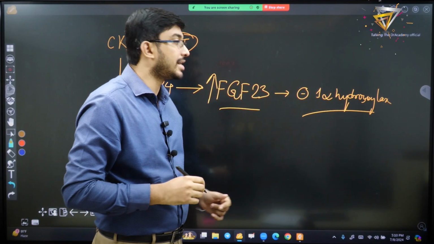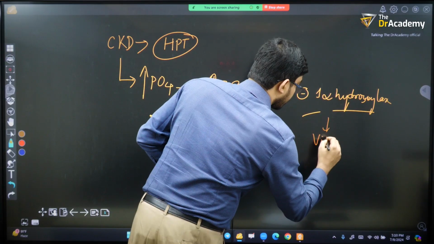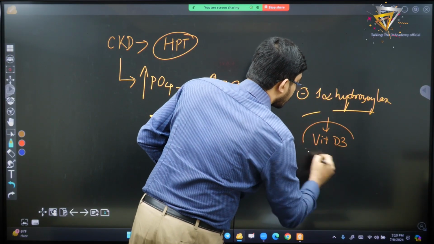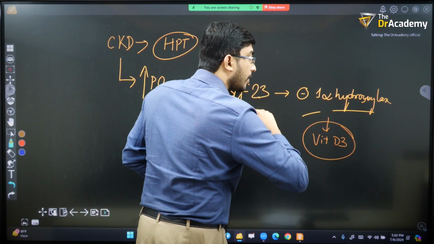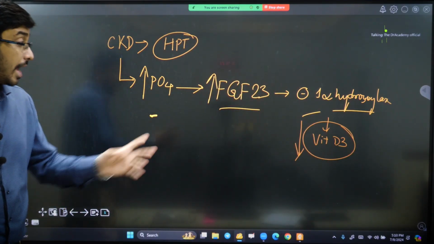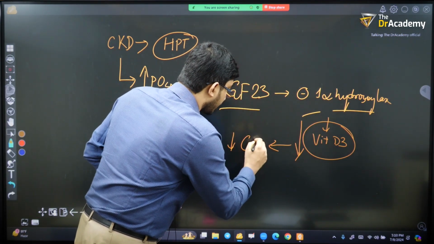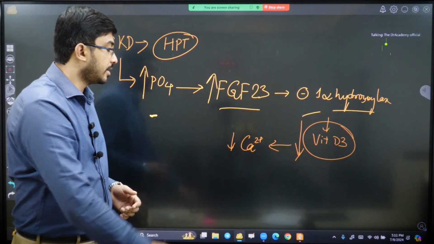This 1-alpha hydroxylase enzyme is responsible for producing vitamin D3. So, reduced 1-alpha hydroxylase enzyme will cause reduction of vitamin D3. And vitamin D3 reduction means reduction of calcium ion absorption from the intestine.